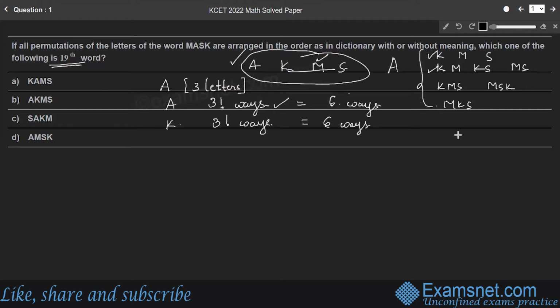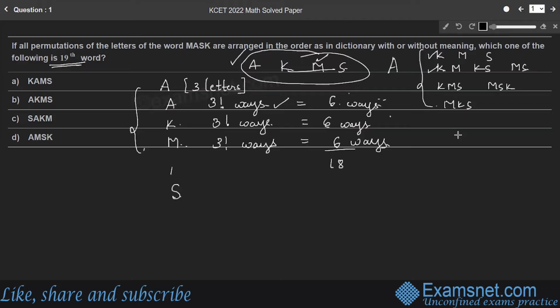And the next letter comes M. The words in which M is the first letter can again be arranged in factorial 3 ways, so that is 6 ways. So 6 plus 6 plus 6, that is 18 ways, starting with A, K and M. Then the last letter is S.